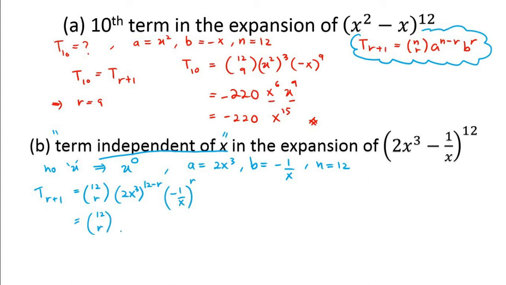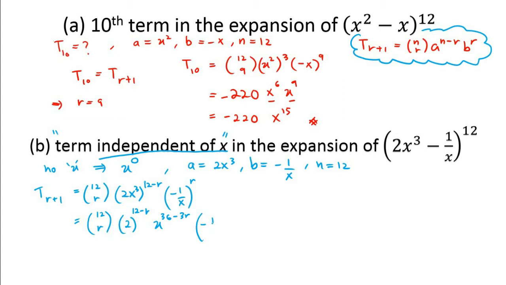Now you can isolate them, which would be 2 to the power of 12 minus r, and then x would be combined with 36 minus 3r, because you will just multiply them in. Okay, and then what happened to negative 1?